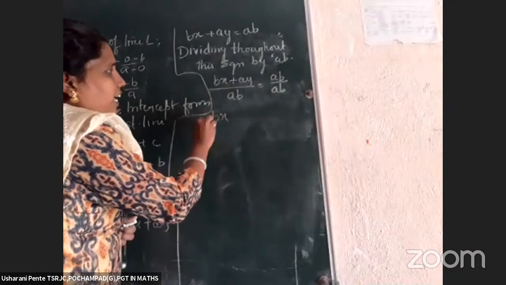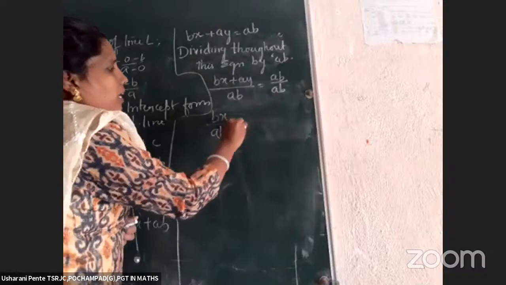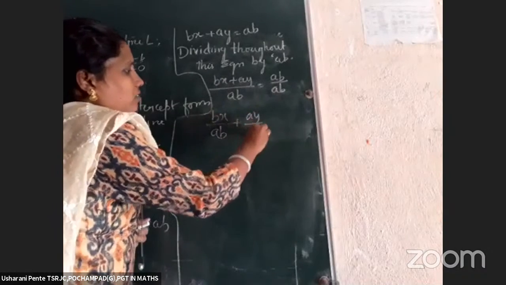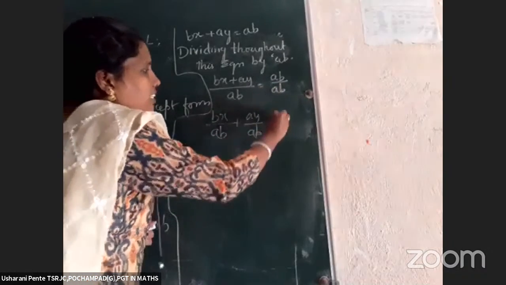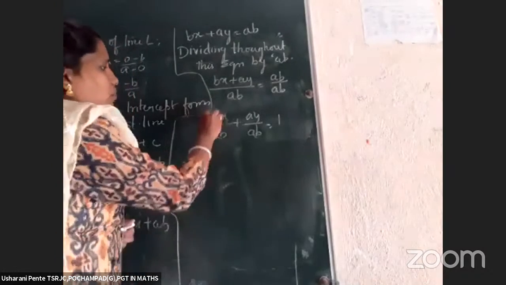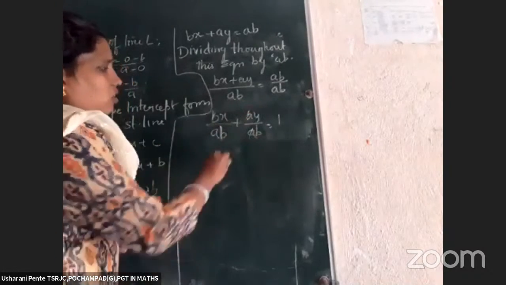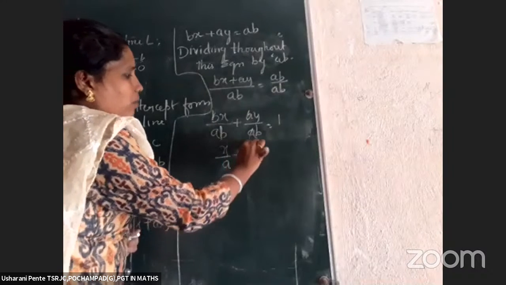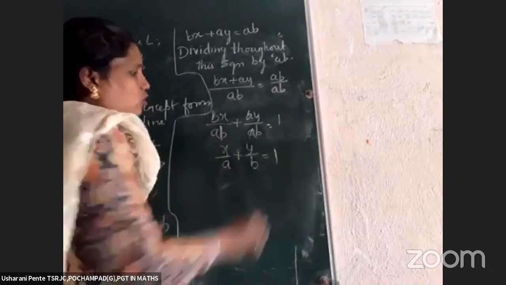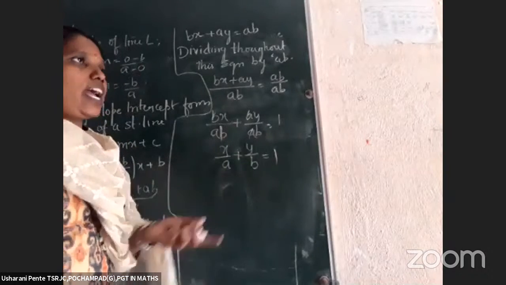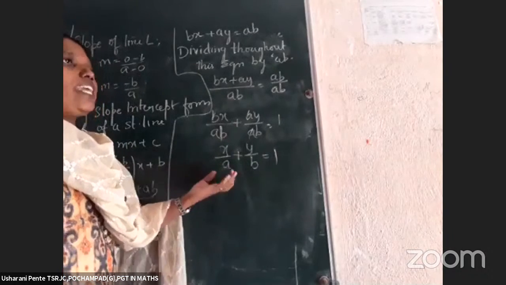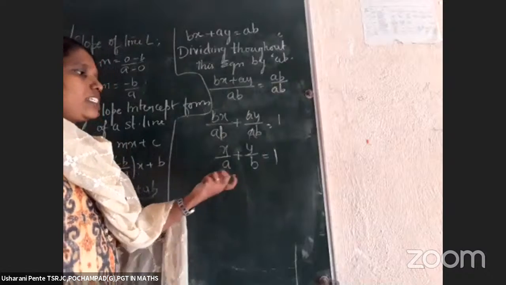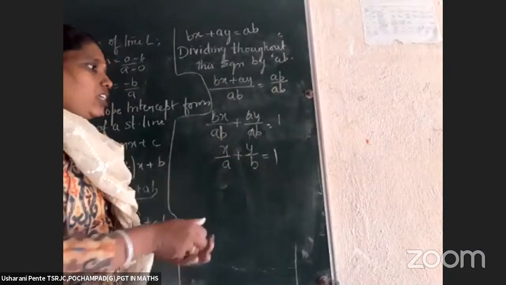That is bx by ab plus ay by ab. As ab gets cut off, I'll get 1, b and b cancel, a and a cancel. So what is left? x by a plus y by b is equal to 1, where a and b are the x-intercept and the y-intercept respectively.